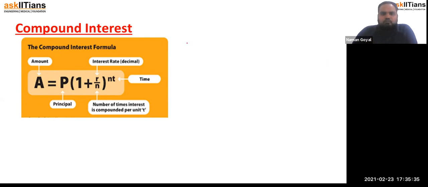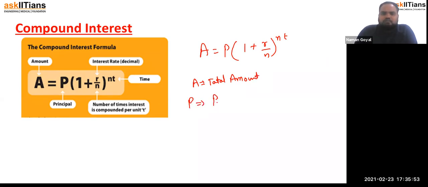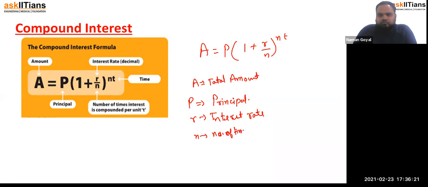If you see the formula, it is A equals P into (1 plus R by N) raised to power NT, where A is the total amount, P is the principal, R is the interest rate, N is the number of times interest is compounded per unit time, and T is the time for which you borrowed that money.